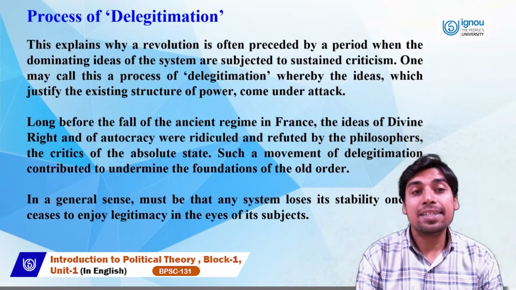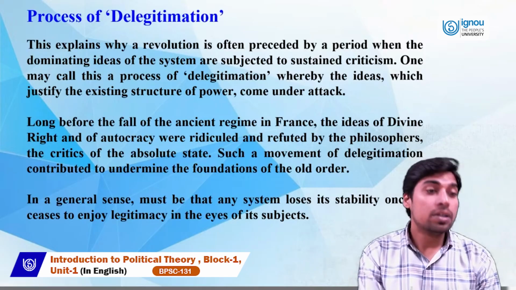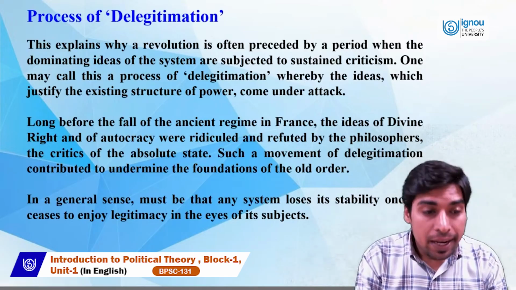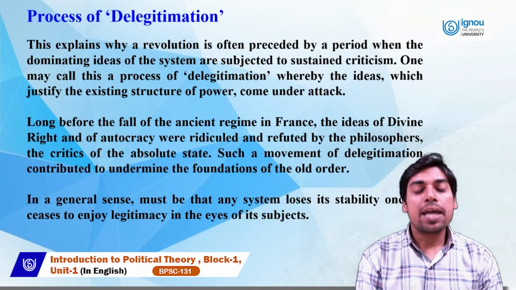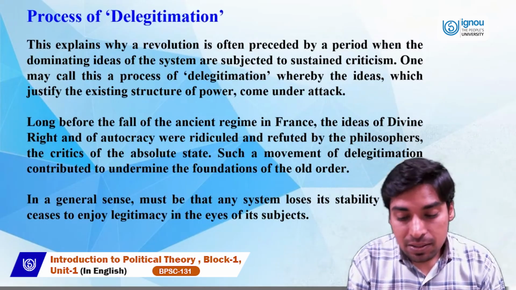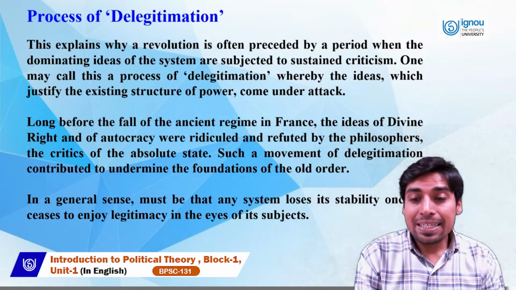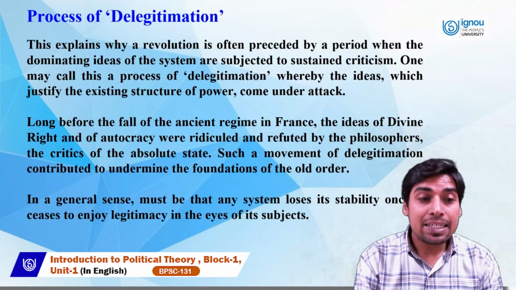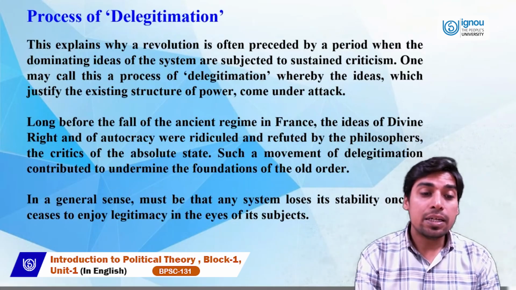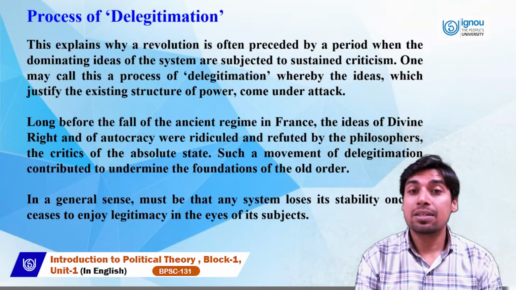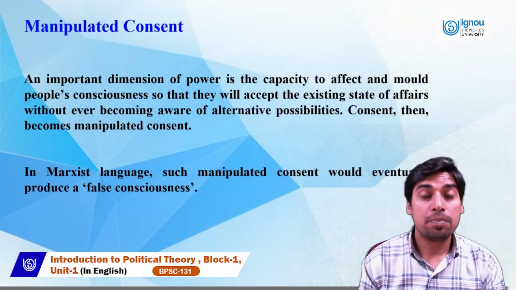This is delegitimation in the Western world, basically France. In a general sense, any system loses its stability once it ceases to enjoy legitimacy in the eyes of its subjects, mainly the population.